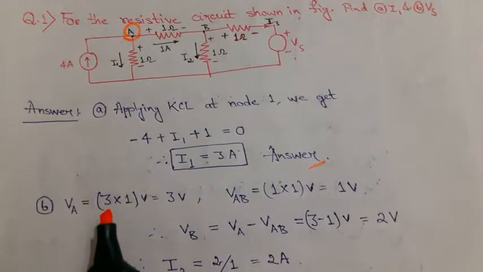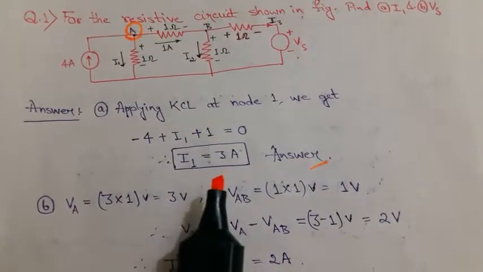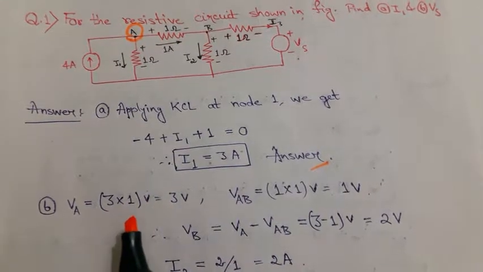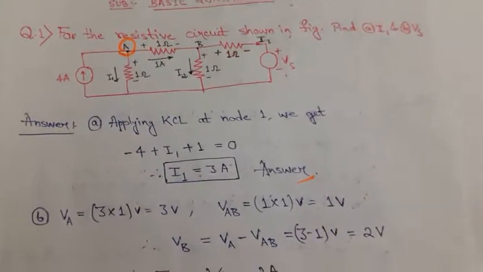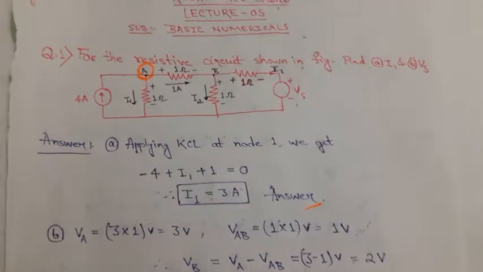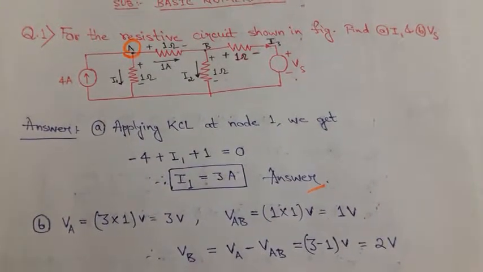This 3 is the I1 value, that is 3 ampere, and 3 ampere of current is flowing through the 1 ohm resistor here. So VA is equal to 3 cross 1 is equal to 3 volt.